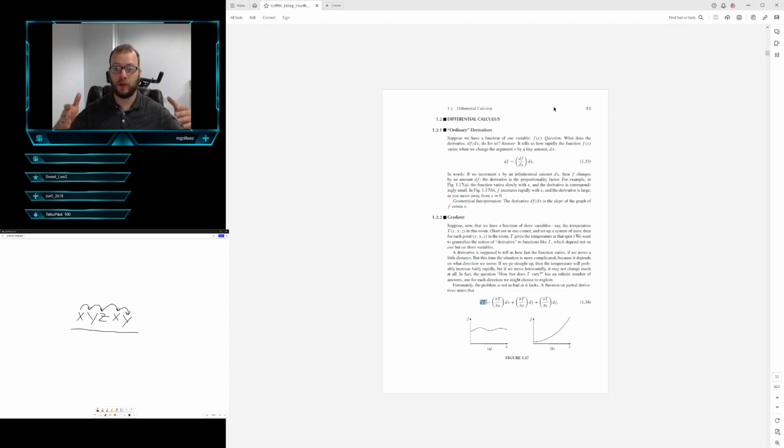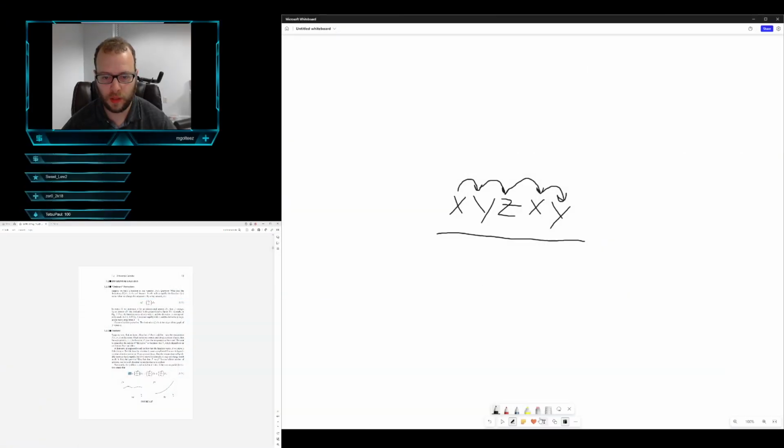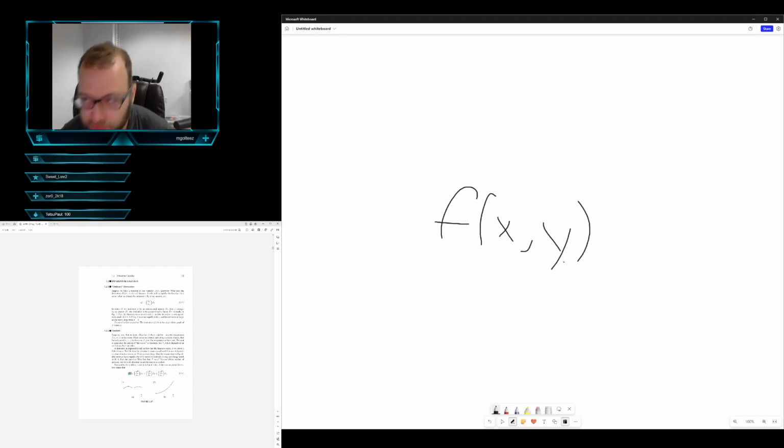So if you have the function f of x, y, let's just do two variables for now, then the partial derivative of f with respect to x is equal to the derivative of f of x, assuming that y is held constant.